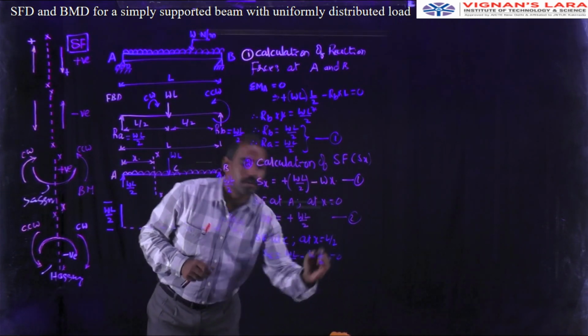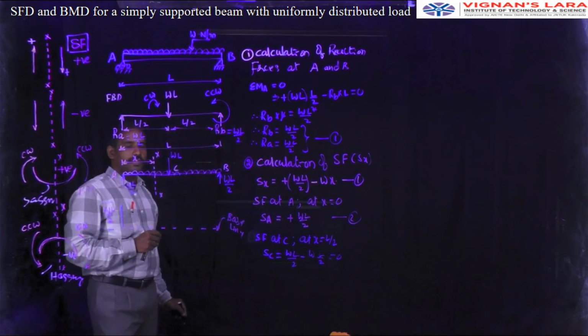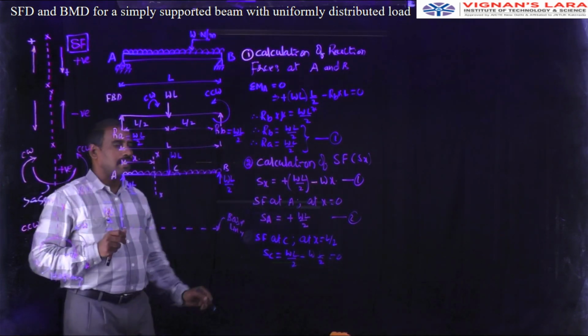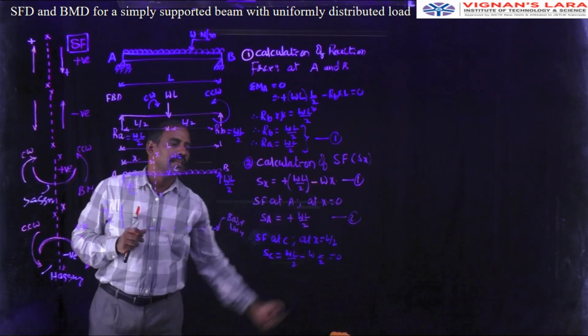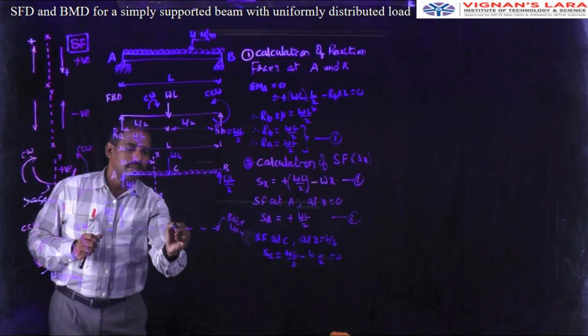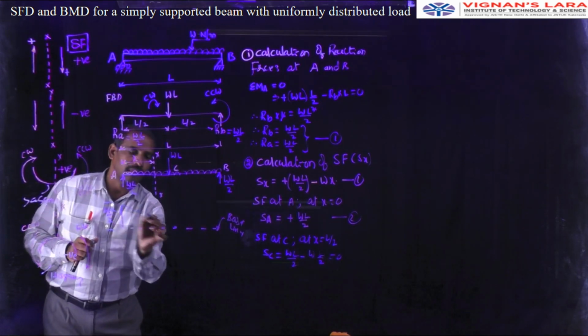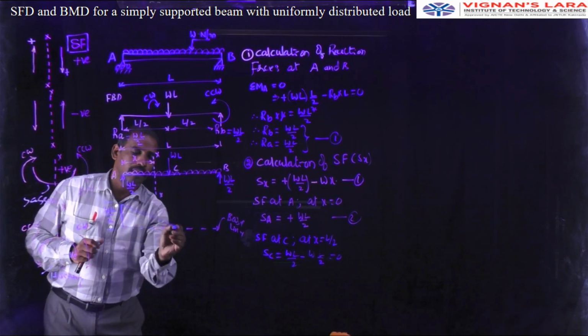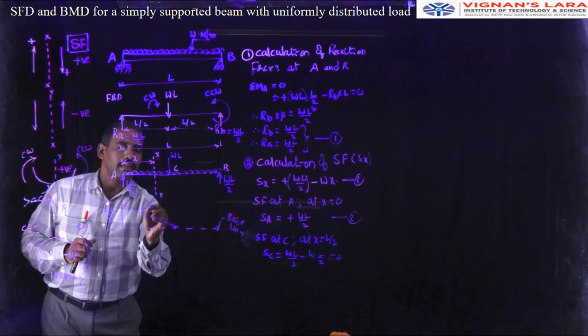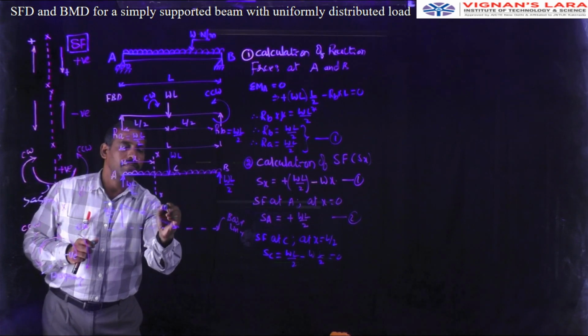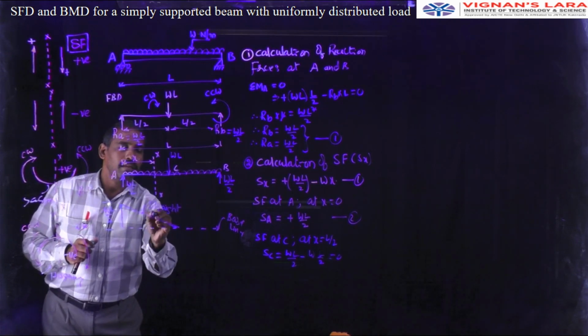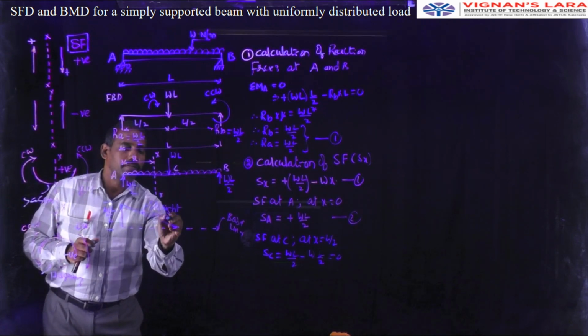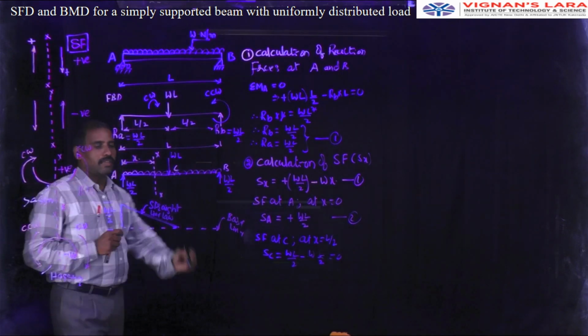It is 0. It means the shear force is 0 at C. Again, it follows the straight line law. So the shear force is 0. This is the shear force. It follows the straight line law. That is the very, very important one.